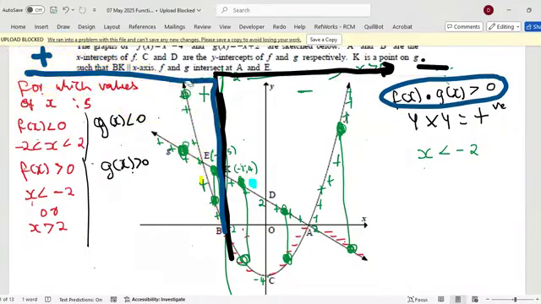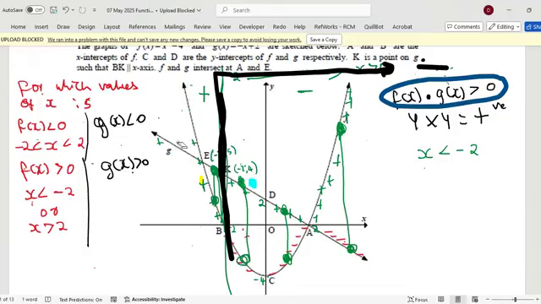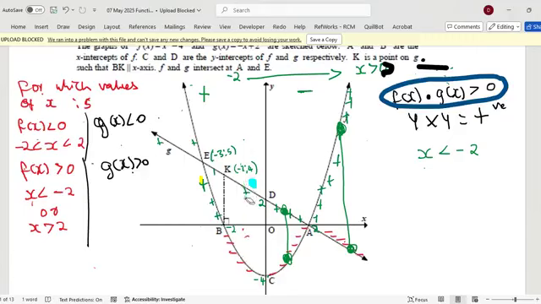As I'm trying to clarify. Yes. Where did we get negative 2? Yeah, guys, where did you get negative 2? From point B. From point B, right?